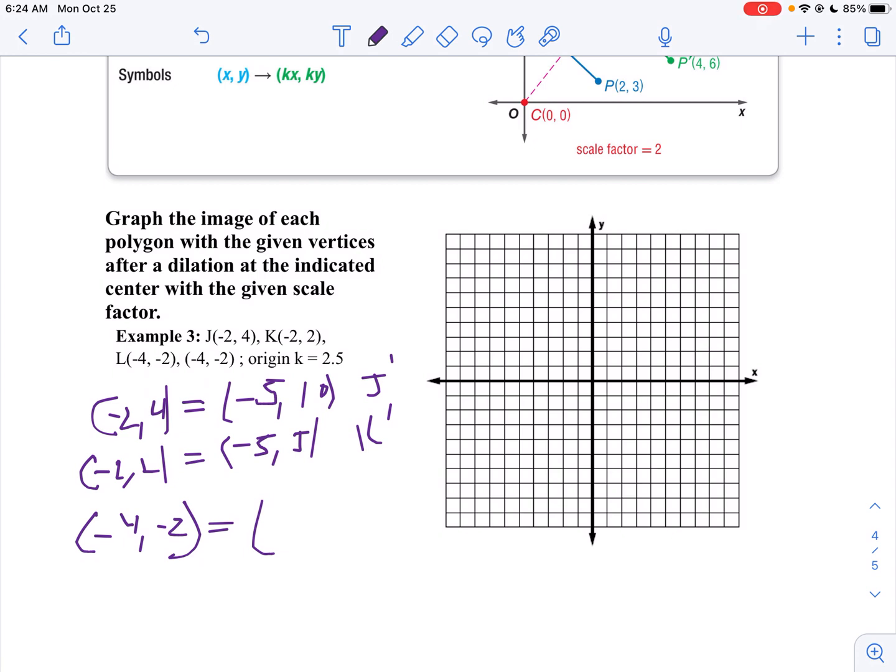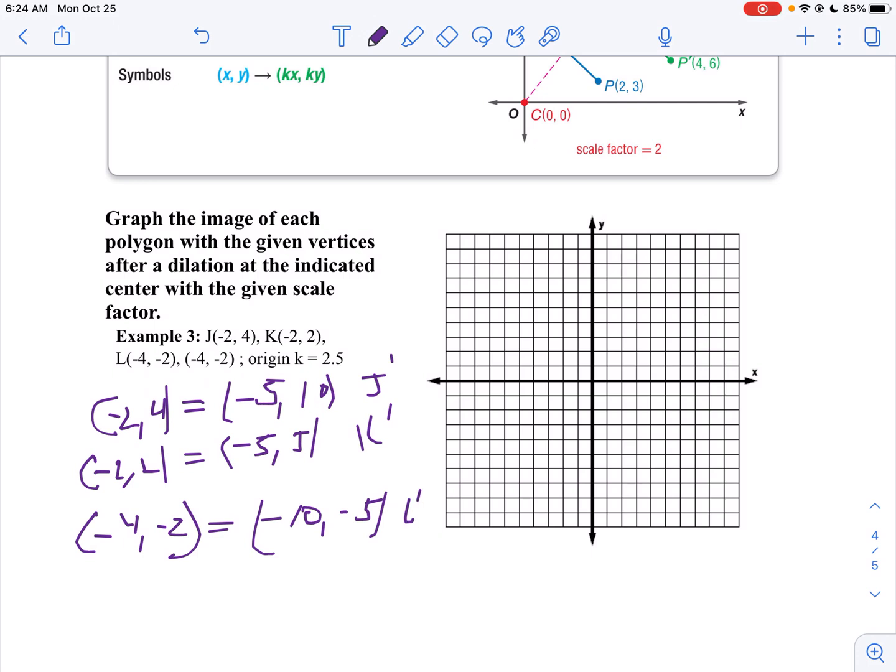And then that'll be -10 and -5. Well, my -10 didn't show up very well there. Let me rewrite that. And that will be L primed.